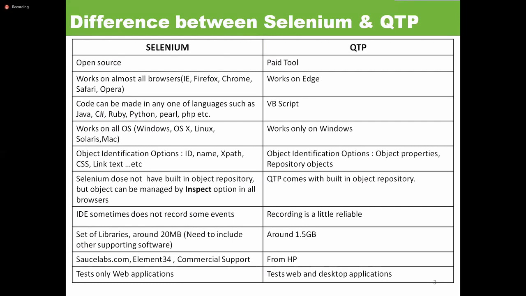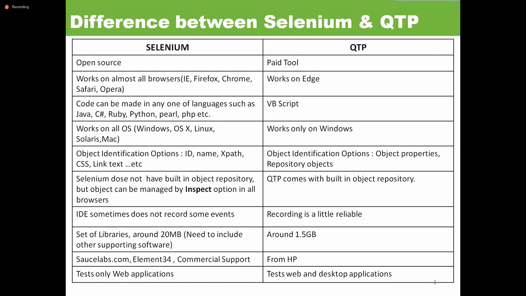As for Selenium, we get more flexibility. It supports multiple browsers, so based on the project, we can utilize any browser. It supports multiple programming languages and multiple operating systems.